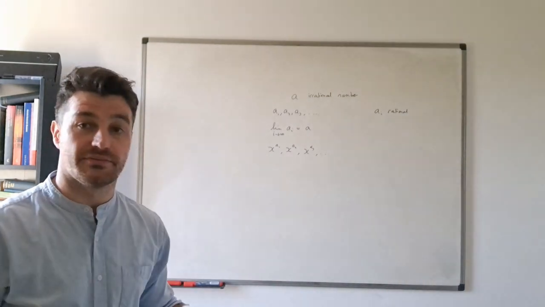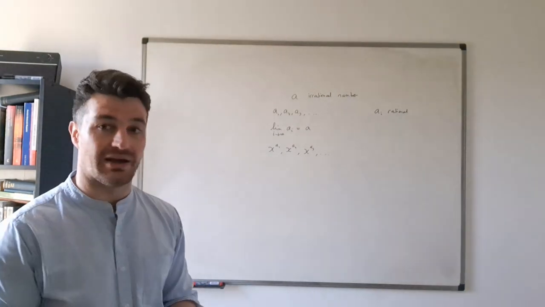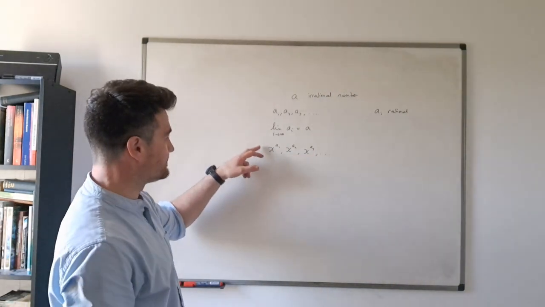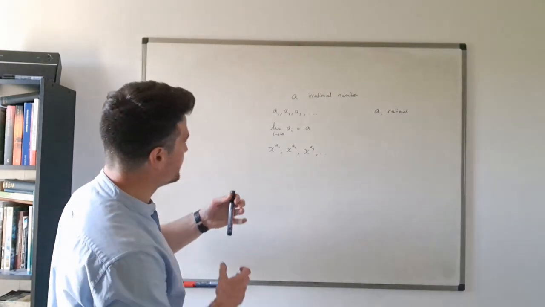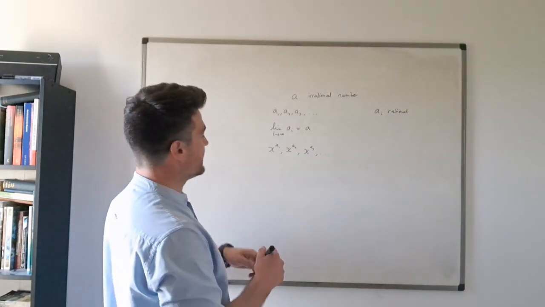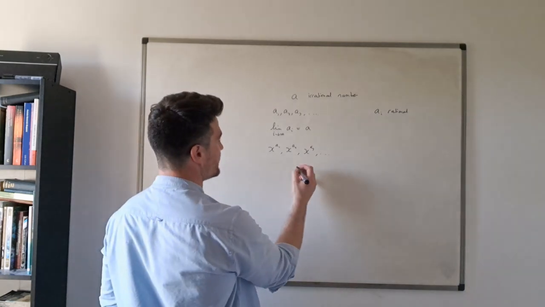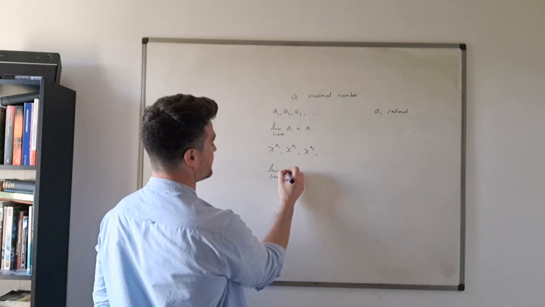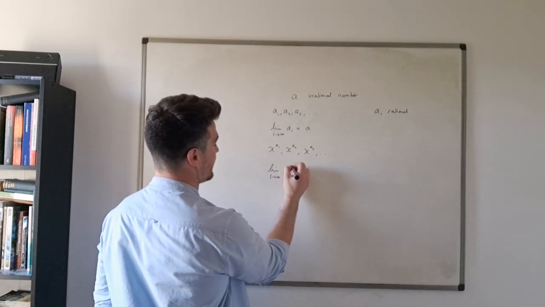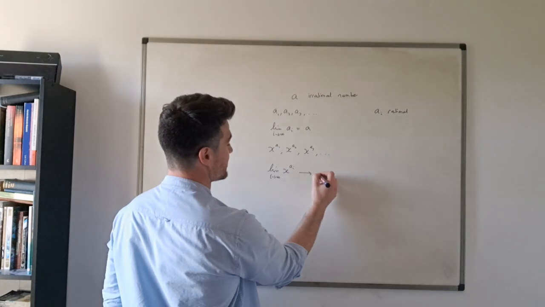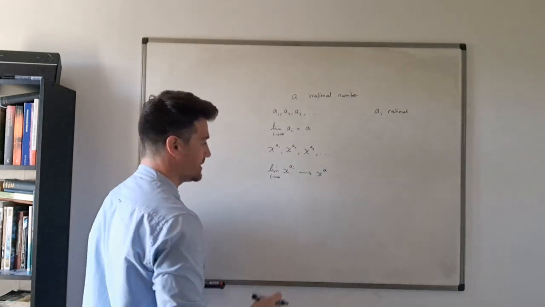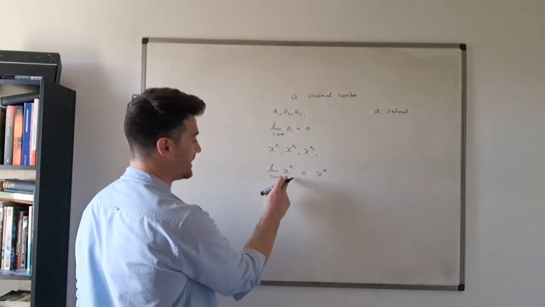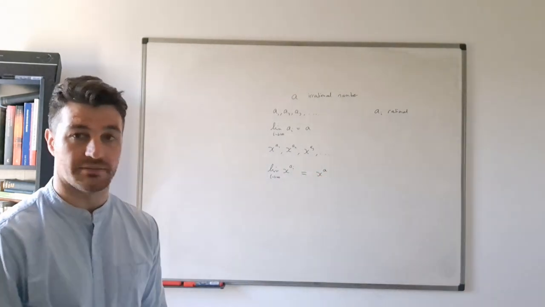Actually, I don't have theoretical freedom here about how I can choose this so much. But I would like this to really converge to, so if I take the limit as i approaches infinity of x to the power of a_i, I would like this to be equal to x to the power of a.